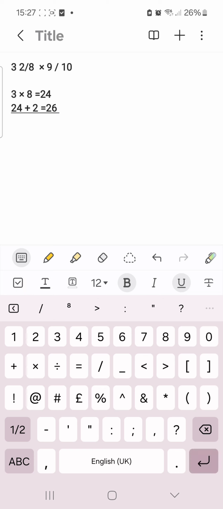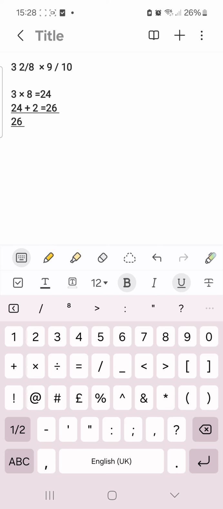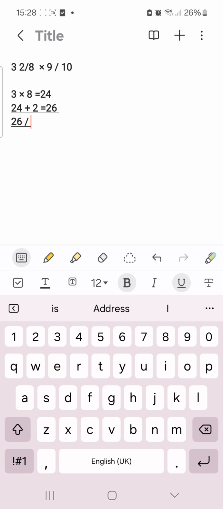So now we have one more thing. You see we have 26, yeah? We have to write slash 8, because there's still an 8 left here. 8 is a denominator and 26 is a numerator.